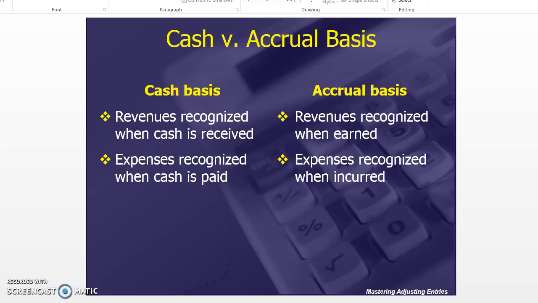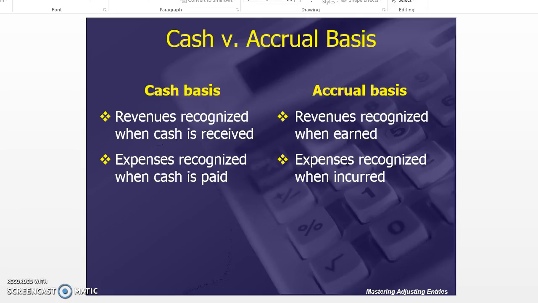So we are going to record revenue when money comes in. Maybe we provided a service or provided a good, but maybe we still have to do that. That is irrelevant. The only thing we care about is that money came in, and at that point, we are going to call that revenue and record it.